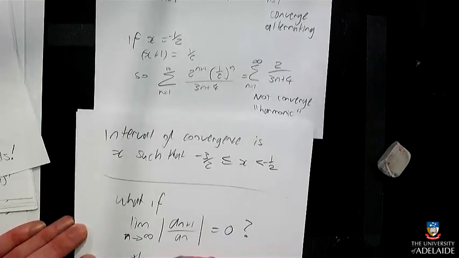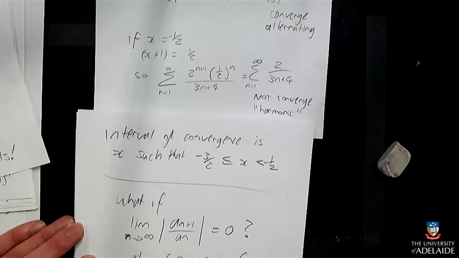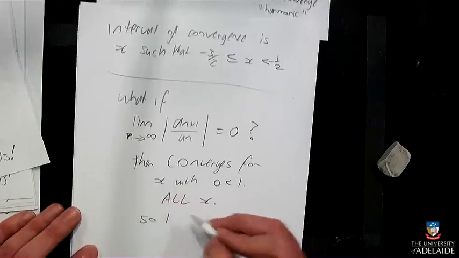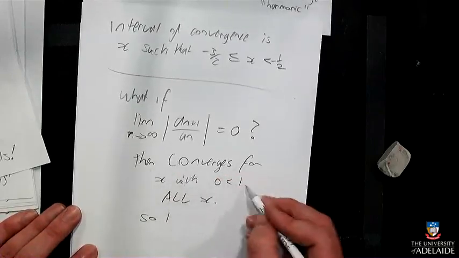It converges for x with 0 is less than 1, which is all x.